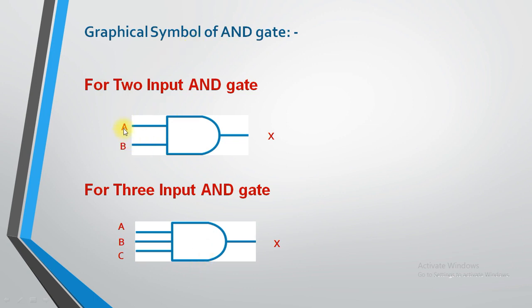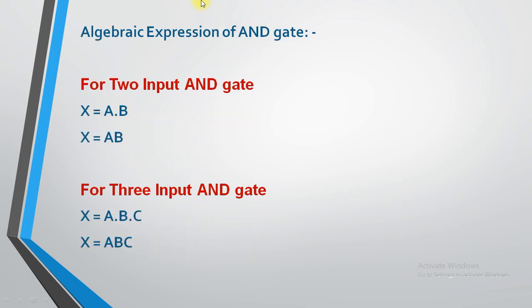This one is for two input signals, this one is for three input signals, but the output is always one. So I have drawn the graphical symbol for two input values and for three input values. Now see, this is the algebraic expression of the AND gate.